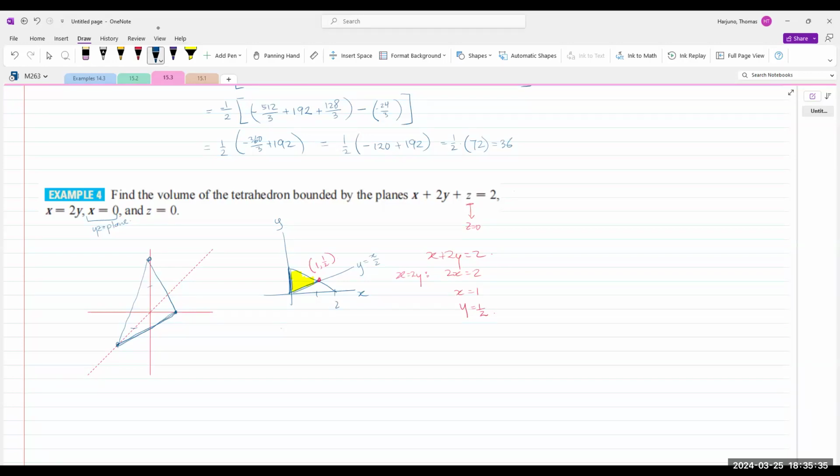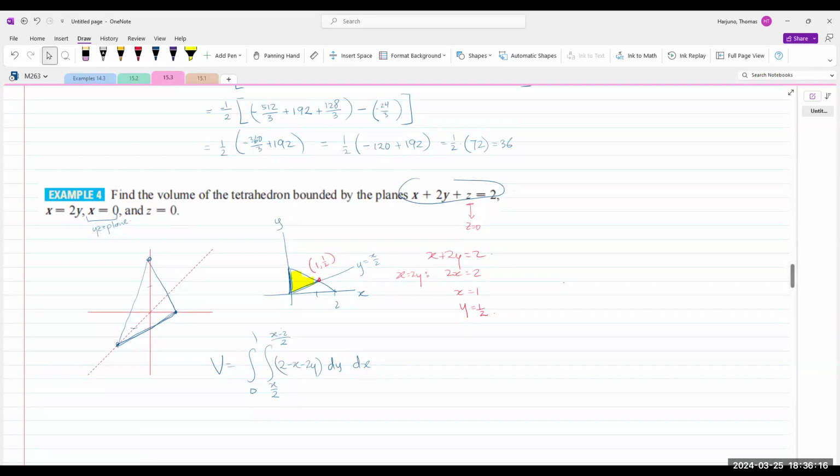Now the setup of the integral: the volume equals the double integral from 0 to 1 for dx. For dy, the lower bound is x over 2, and the upper bound is, what's that? For y, it's 2 minus x over 2. And the height is 2 minus x minus 2y.